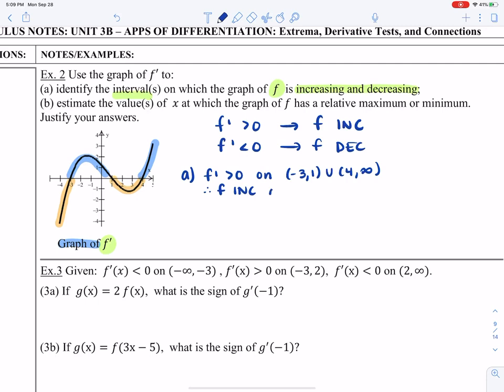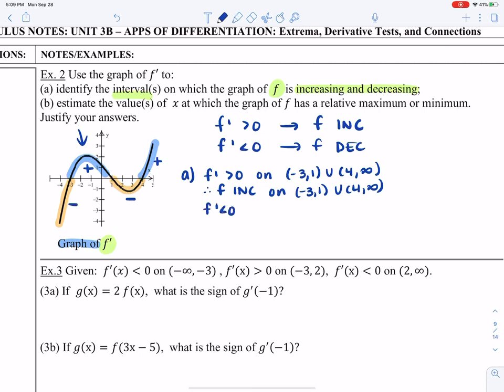So I'm going to grab my highlighter, and don't look at what this graph is doing. I just want you to look at negative y value, negative y value, positive y value, positive y value. Because remember, this is the graph of f prime.